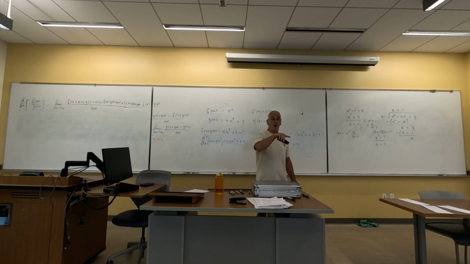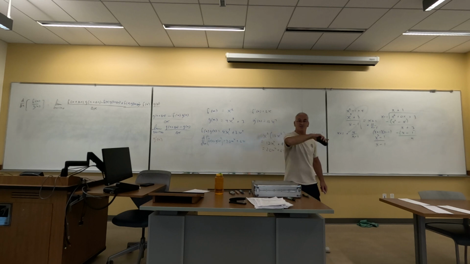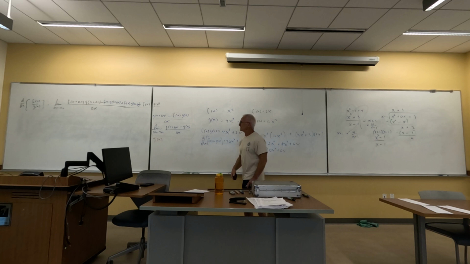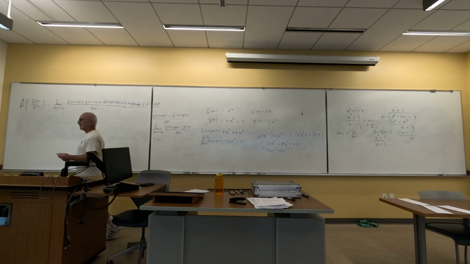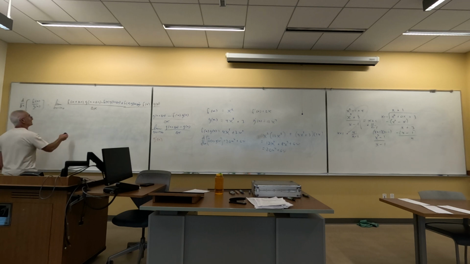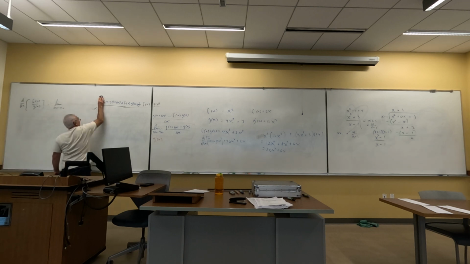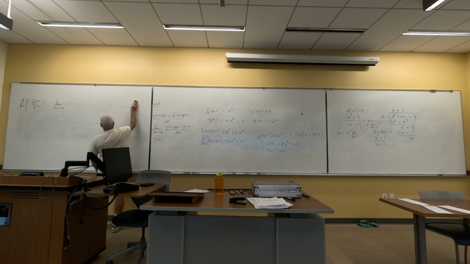I said f g prime plus g f prime. Could I have done the summation in reverse? Yeah. Product rule is very forgiving. I'm multiplying two things and I'm adding them. The order isn't going to change anything. But it turns out with a quotient, order does matter because quotients are not commutative. Differences are not commutative. So this actually is a little more important that I get the order perfect.